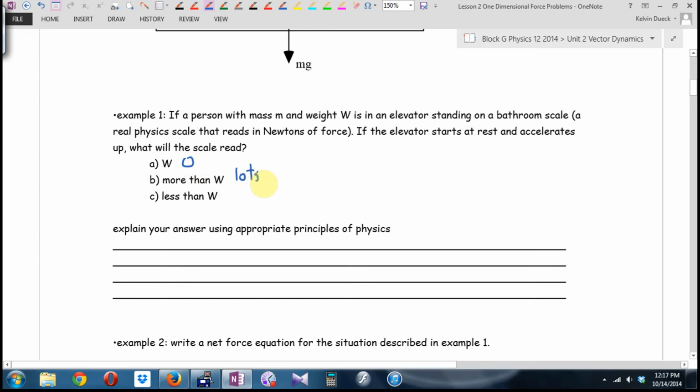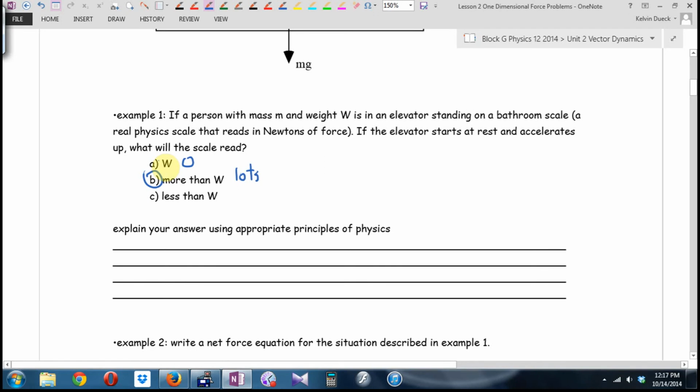Who says C, less than W? Who didn't bother putting their hand up and voting at all and next time has to make sure that they vote and pick something just to learn and follow along? Next time, make sure you try, okay? Anyways, okay, convince me. B is right. Convince me.